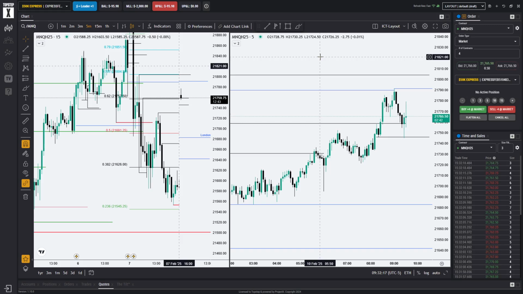$2.45 on that 5-minute candle. As usual, the last 1 minute and 30 seconds shows direction of the 5-minute candle. Okay, we tapped into this trap shorts down there.